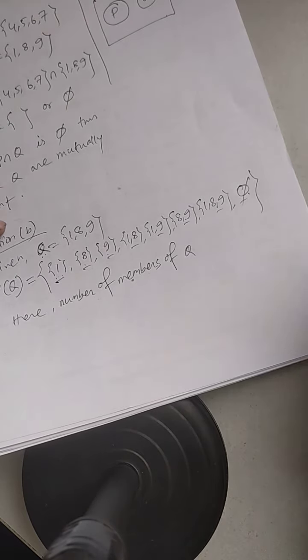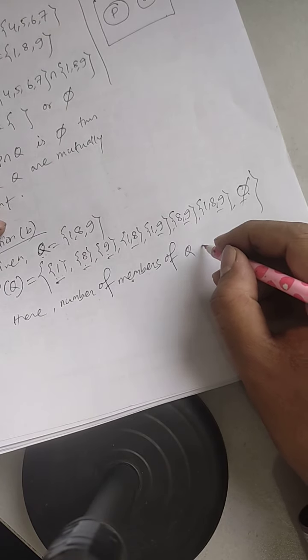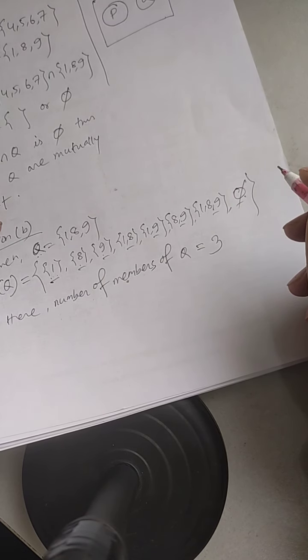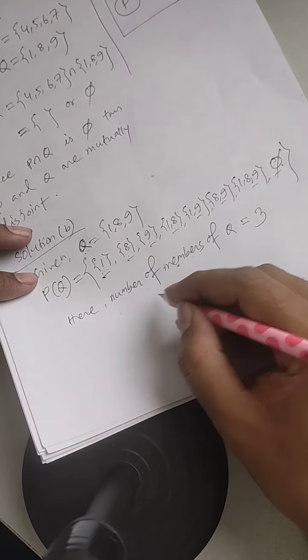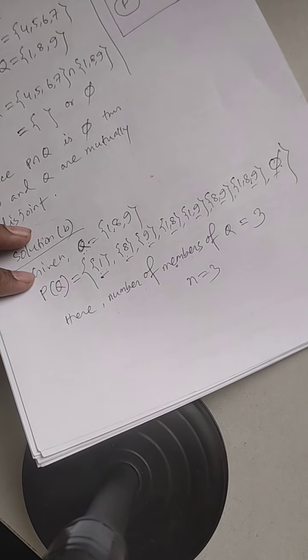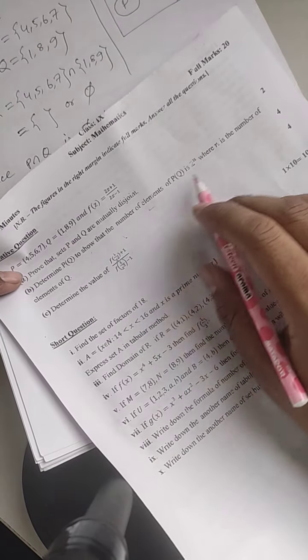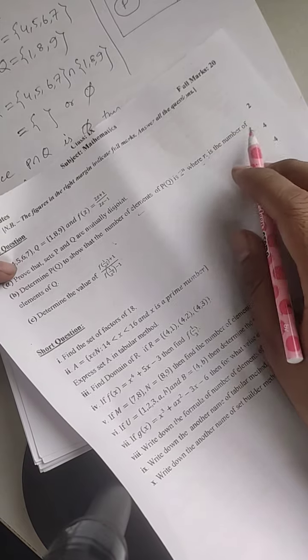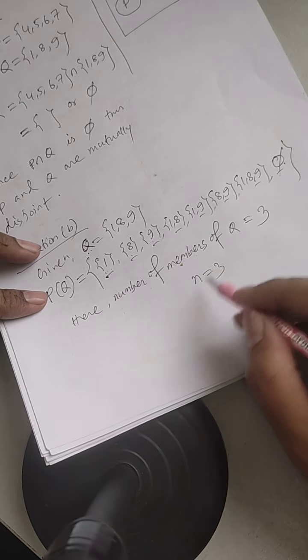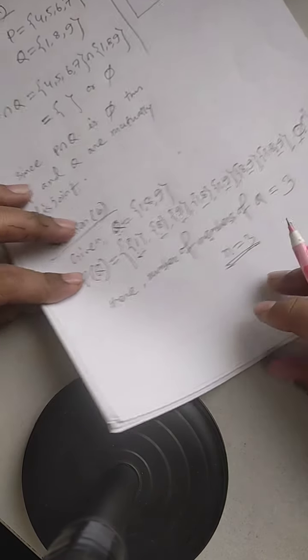Here the number of members of Q is equal to 3, and so the value of n is equal to 3, because in the question it is given that n is the number of elements of Q. So here the number of members of Q is equal to 3, so the value of n is equal to 3.